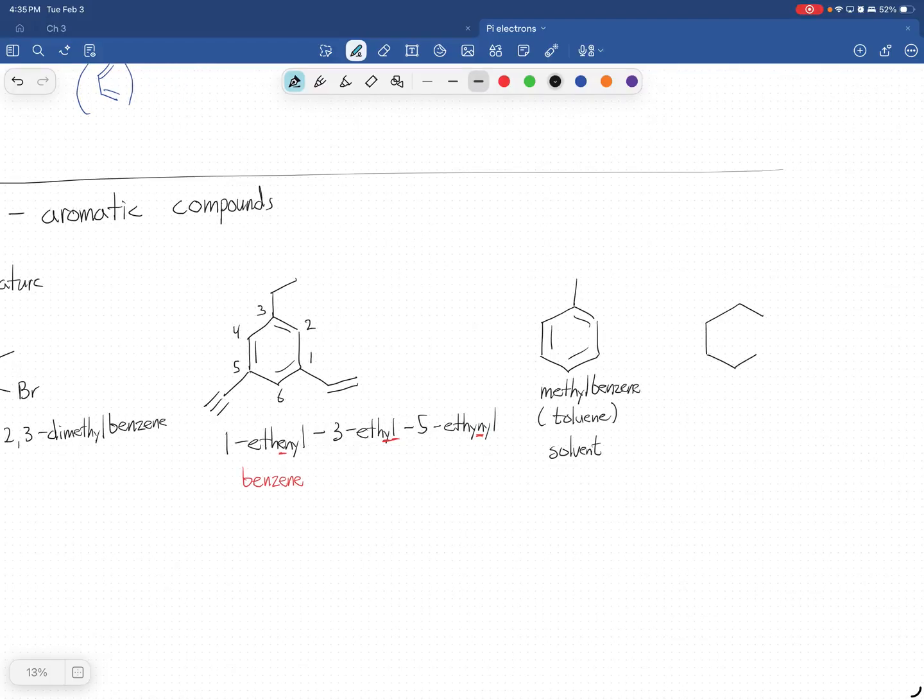Now here, when we take the benzene and we add a vinyl or alkene group, the simplest alkene group, we get this structure. This is called ethenylbenzene. The common name for this is styrene. Does anyone know where styrene is from? When you think of styrene, what kind of product do you think of? Styrofoam.